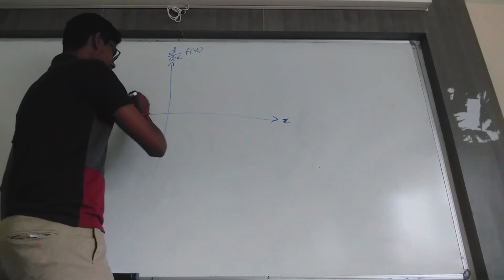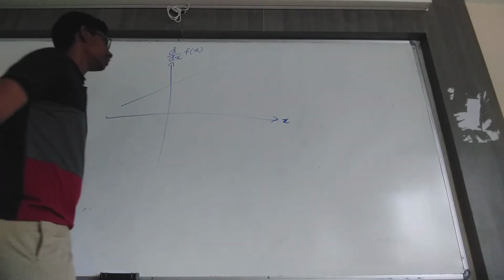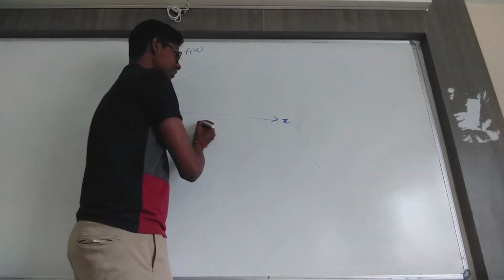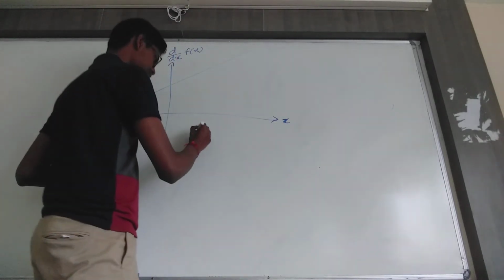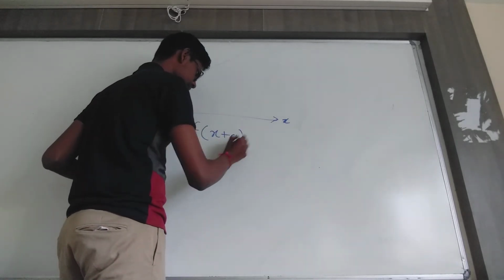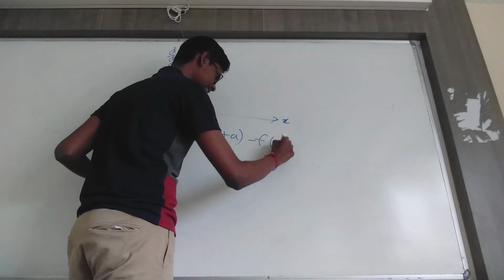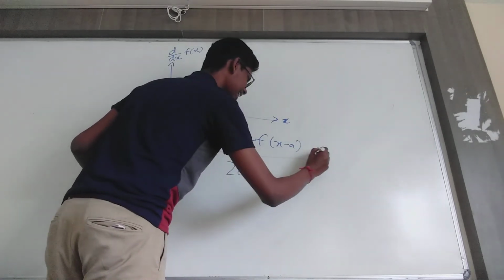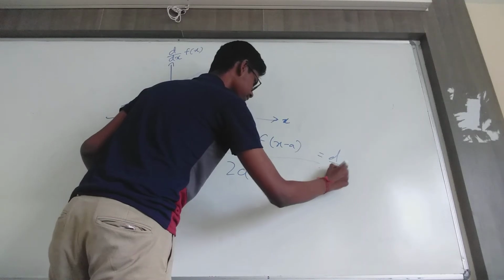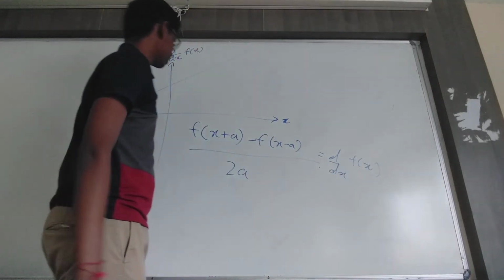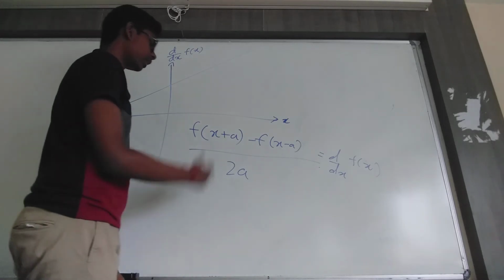Now since it's a linear equation, it will be a straight line, and what we want to show, I'll write it in its broadest form, is that f of x plus a minus f of x minus a, divided by 2a, is the derivative of f of x. So we have to prove this.